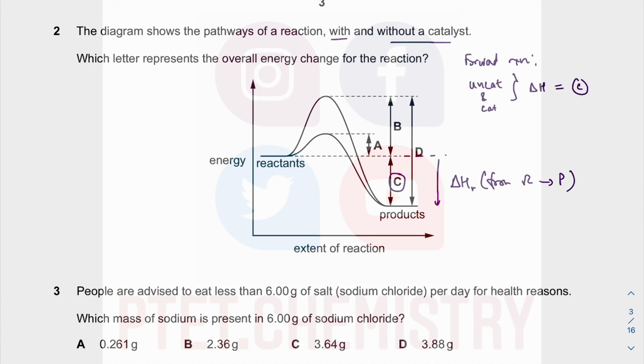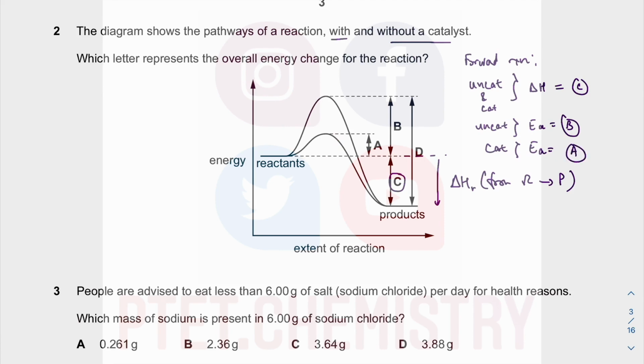I don't know the actual value because we have not been given an absolute value here. But the uncatalyzed activation energy, from the reactants to the top of the peak, is option B. Whereas for the catalyzed one, your activation energy is going to be lower. So it's option A there.